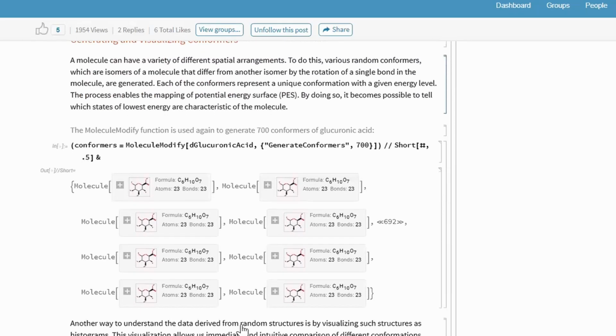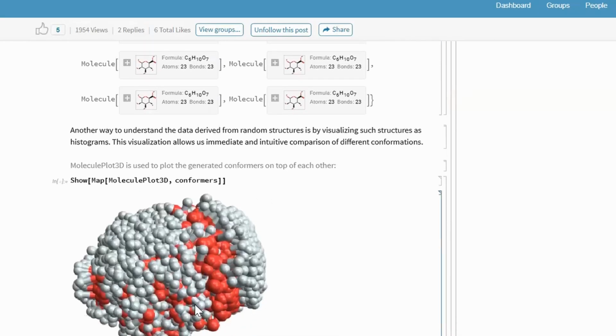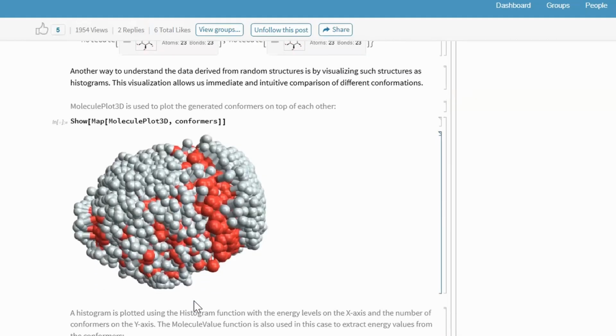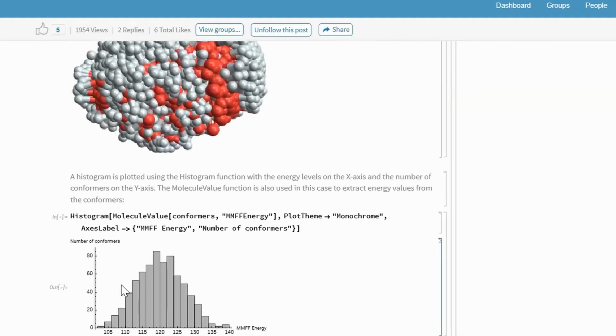I did try to compute more, but unfortunately my Wolfram language system kind of crashed. So these are 700 conformers put together in one plot, and this is basically the histogram of the Merck molecular force field and the number of conformers computed.